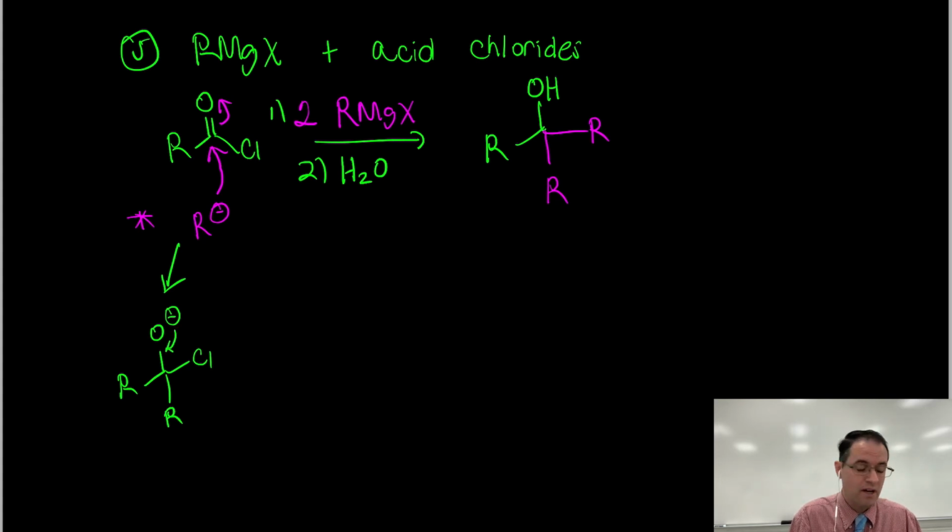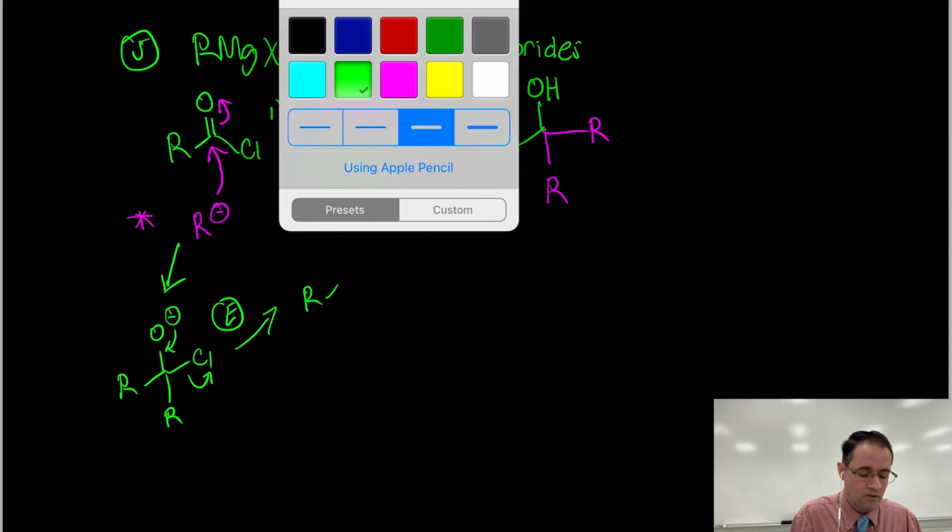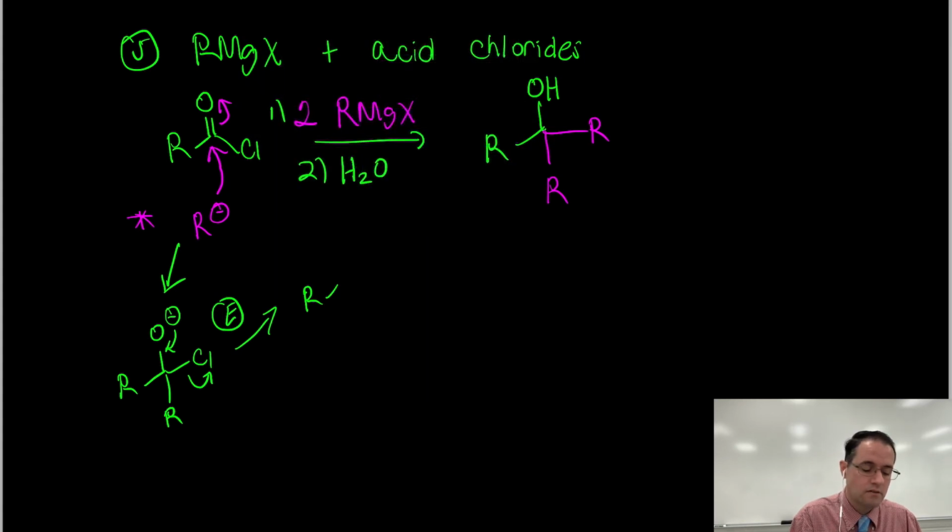Remember, R is a very bad leaving group. The only leaving group we have here is chloride. So that makes a ketone.